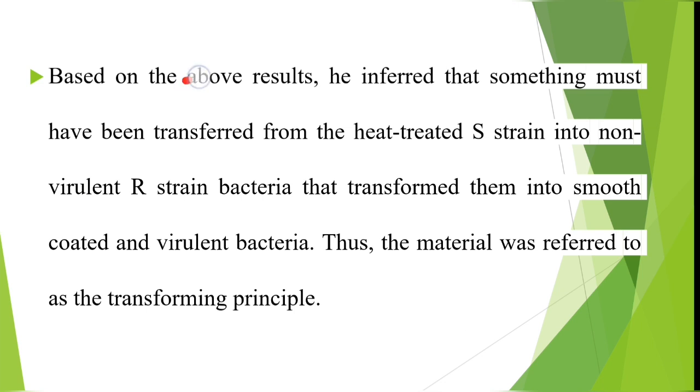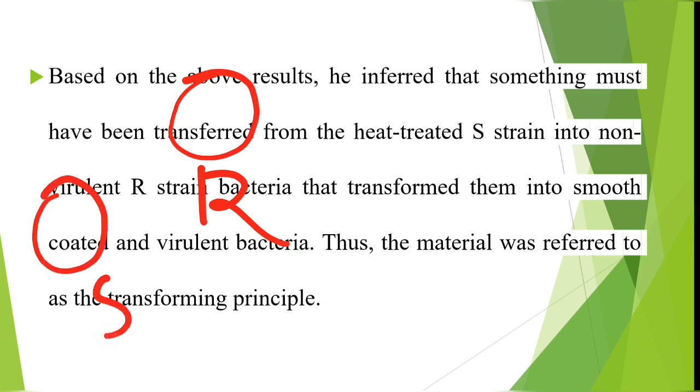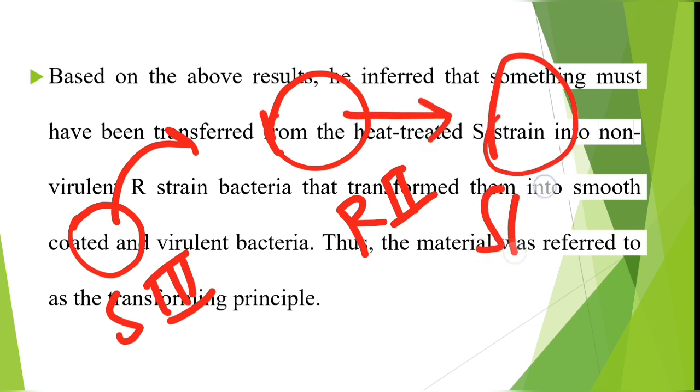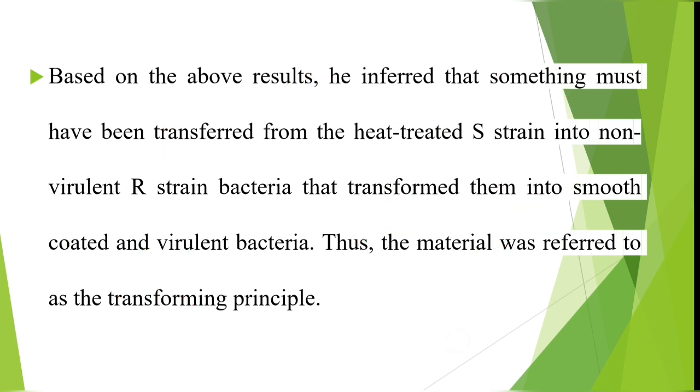So something is transferred from S3 to R2 type of bacteria so that they transformed into S3 type of bacteria. The material that was transferred is referred to as the transforming principle. Okay. Next.